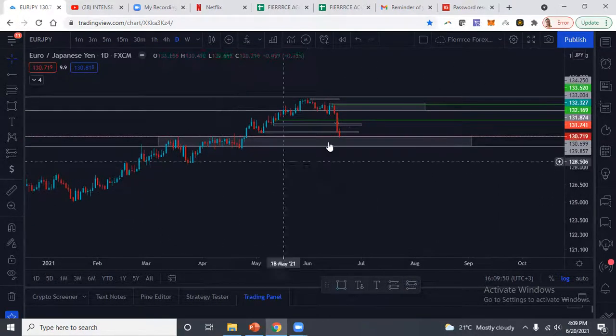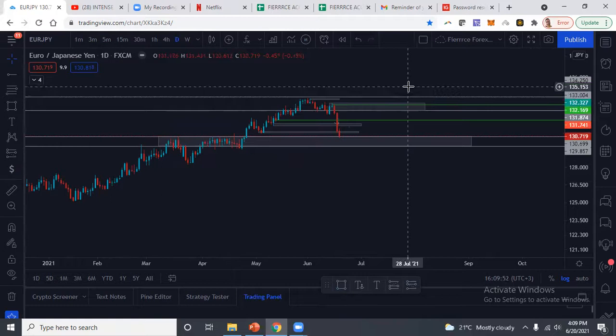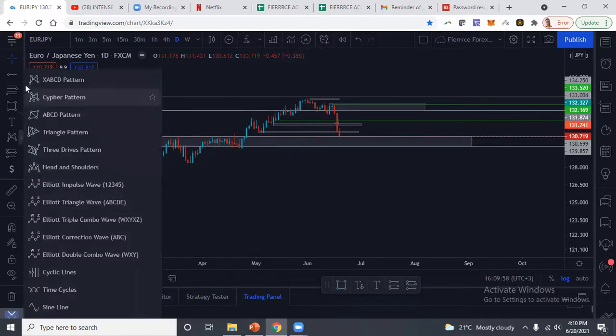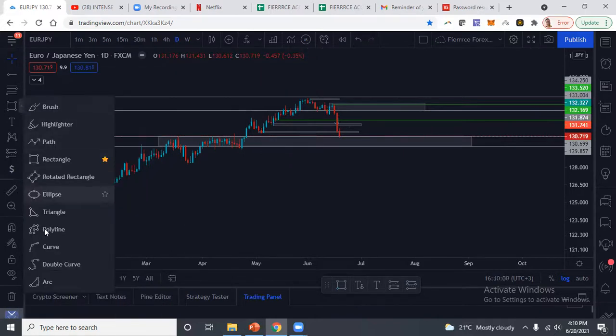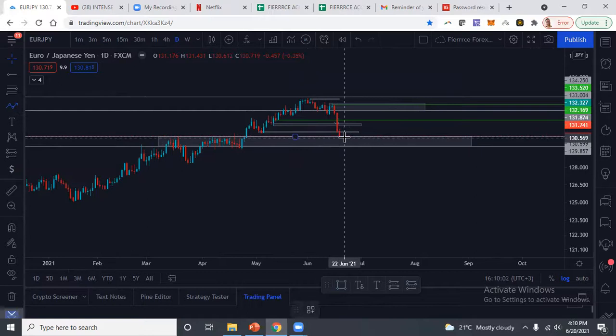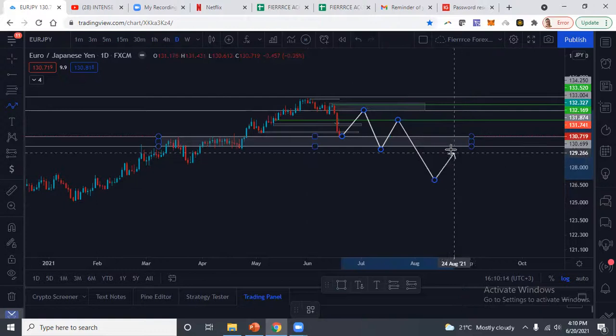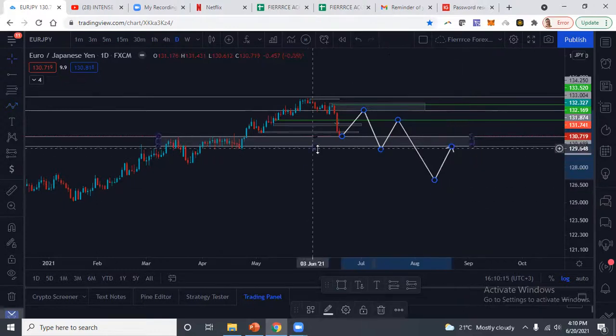But we could definitely just bounce off and continue up, possibly bounce off and retest. So maybe what we could see is possibly a bounce off there, and then maybe a break to the downside. So that's possibly what would happen.